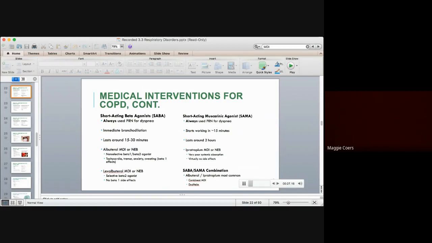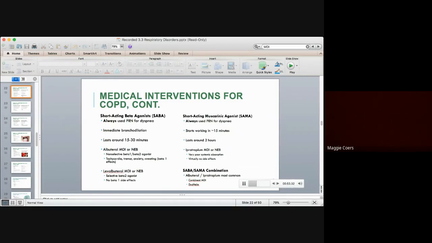The SABA of the two kicks in immediately. That's going to be your albuterol or your levalbuterol, and it will work for about 15 to 30 minutes. By that time, the second one, the SAMA, ipratropium, will kick in, and that will carry the older adult for about 2 hours.